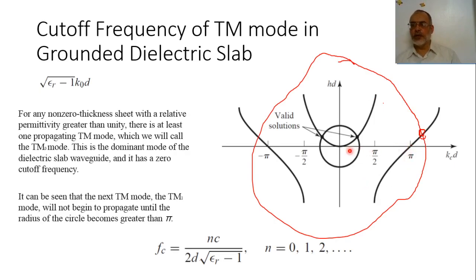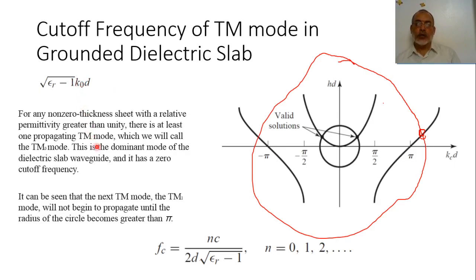If the radius of the circle is greater than pi, we have another pole. This means that the first pole is 0, the second pole is when square root of epsilon r minus 1 times k naught d is greater than or equal to pi. If I'm talking in terms of frequencies, k naught is 2 pi f over c.